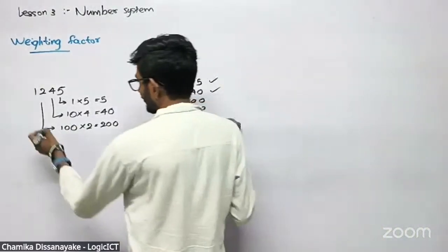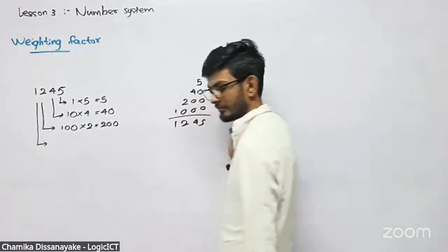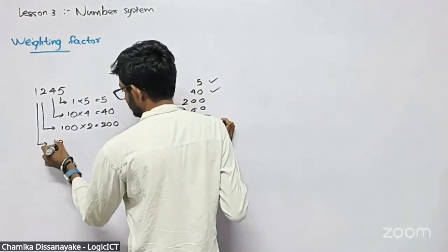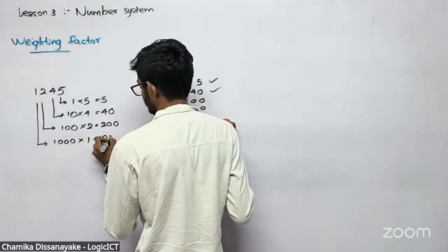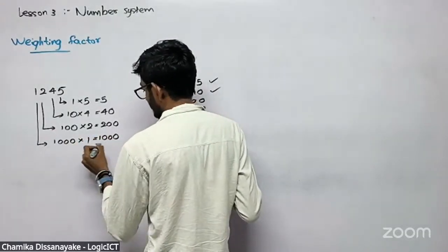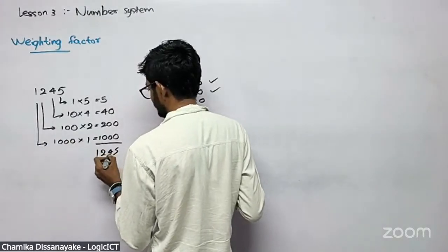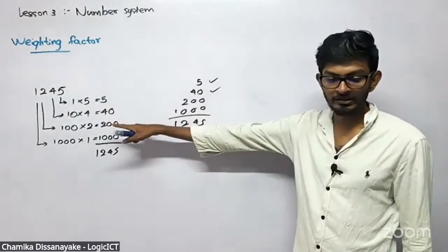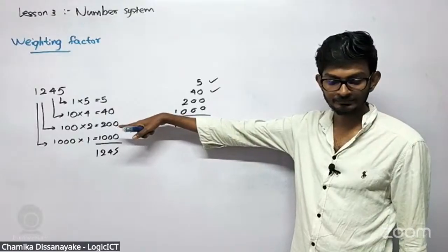What about this one? 1000 multiplied by 1 is 1000. Then we can have the number 1245 when we add these things. Did you understand this?